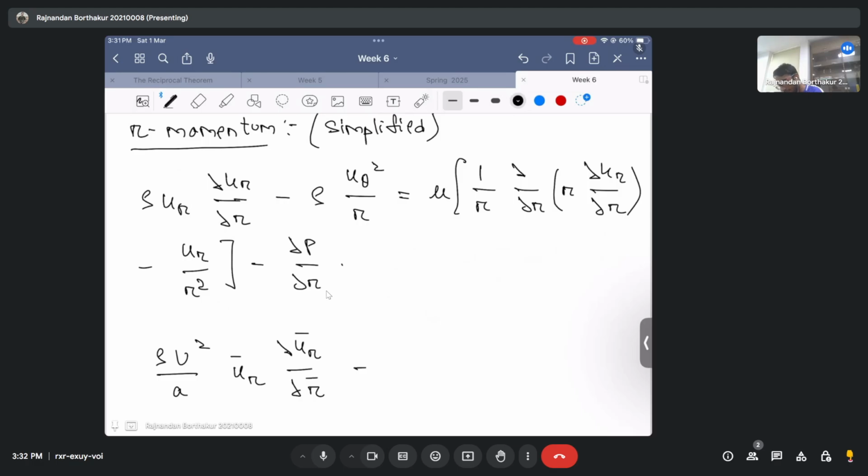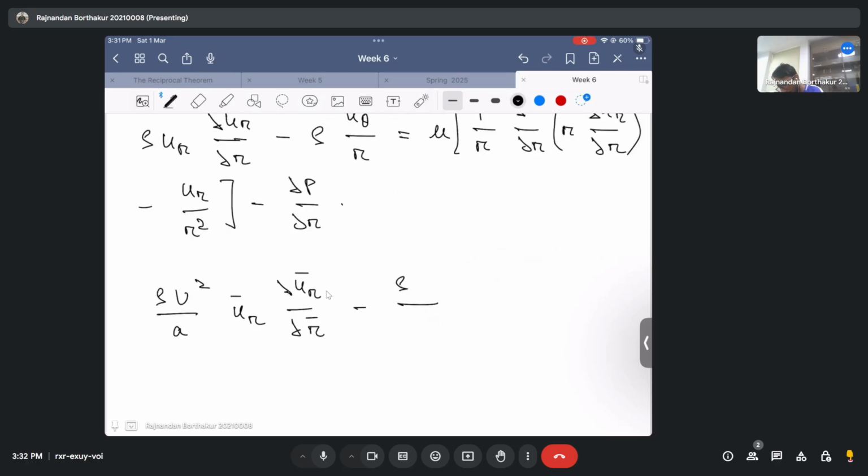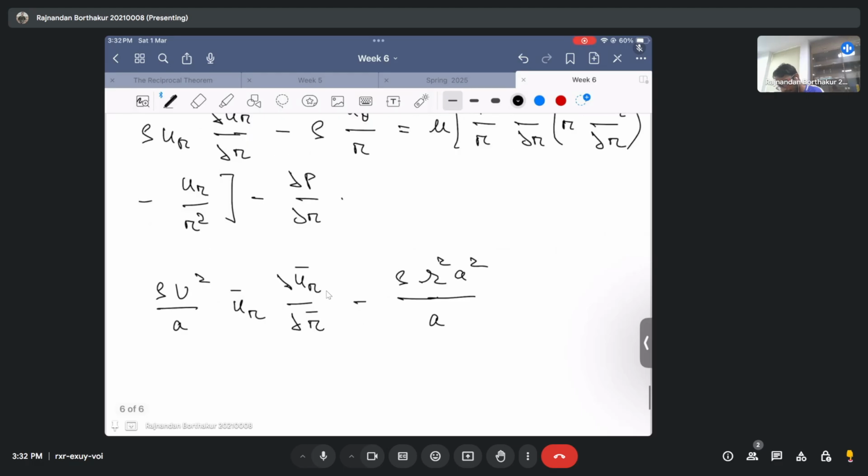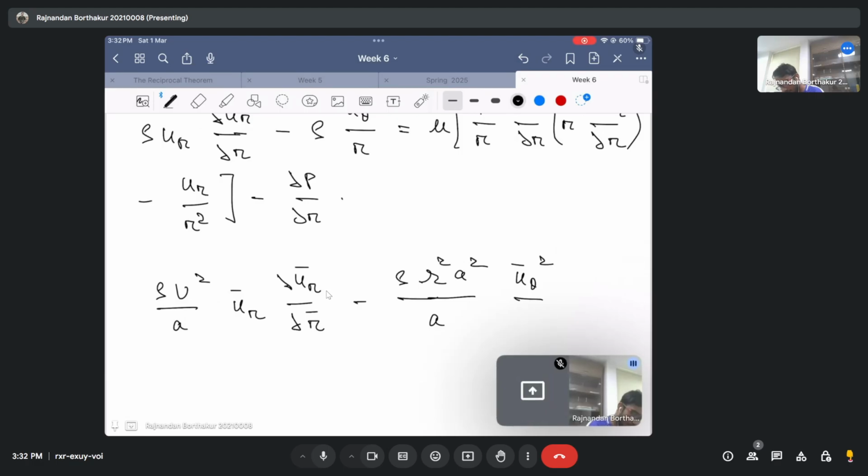So that's why we'll have rho times omega squared a squared by a, and then I have just this u theta bar squared by r bar, to be precise.